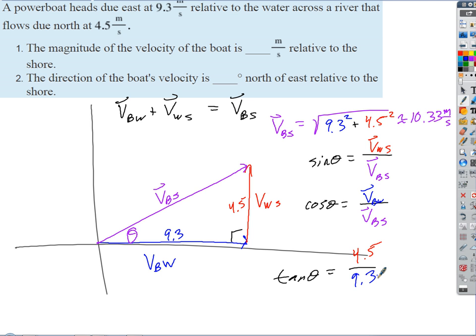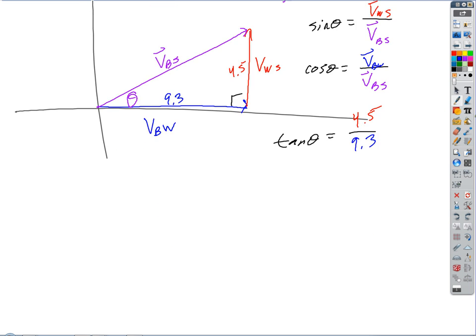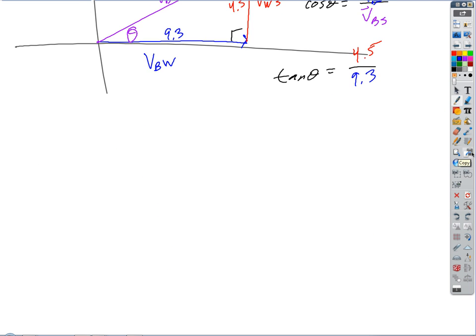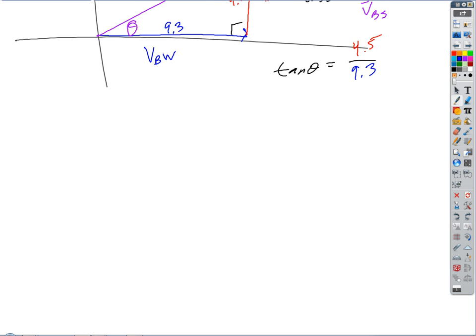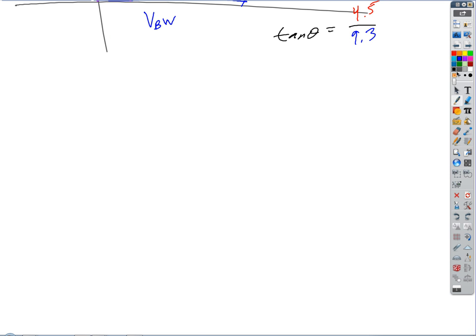But what do we do with this? How are we going to solve that? The inverse. Okay, good. To isolate the variable, we have to unlock it from the tangent function, so we take the inverse of the tangent function. Think about what the inverse of a relation does. This goes back to probably algebra 2.